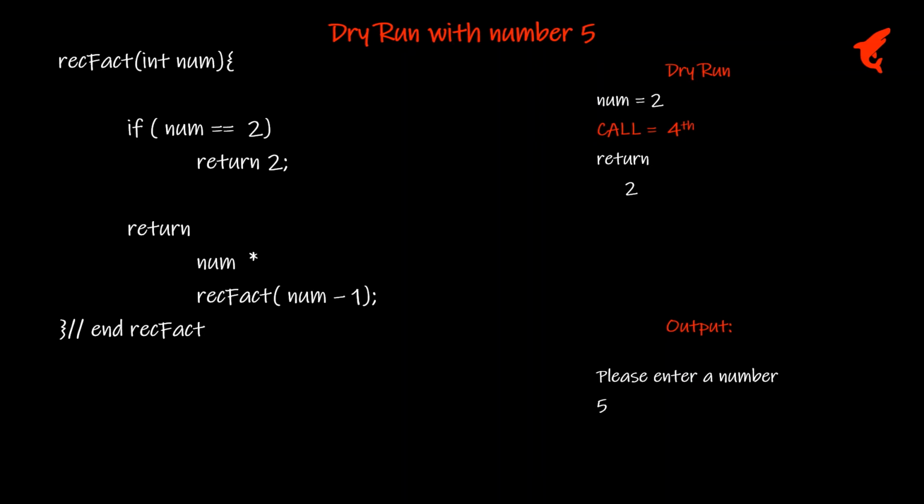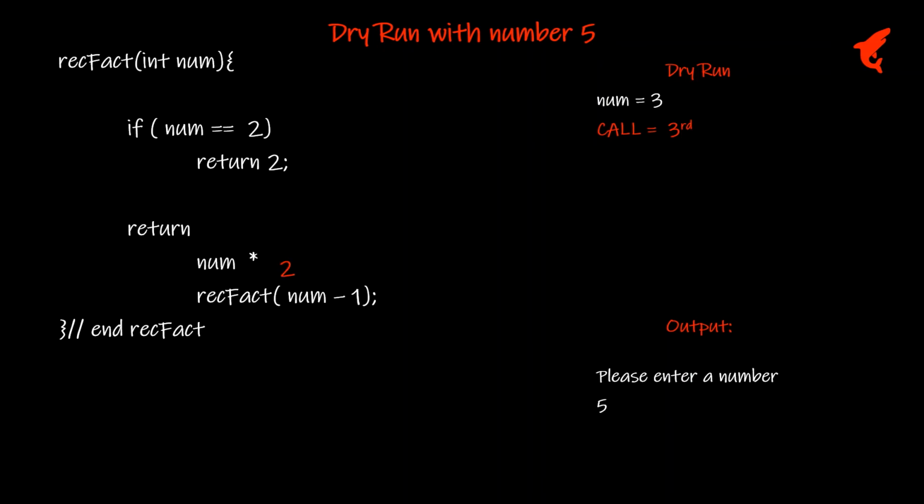The value will now be returned to the third call of the rectfact function. So we are back in the rectfact function. Control is transferred to this particular function, and here where the rectfact function was called, the return value will be replaced.